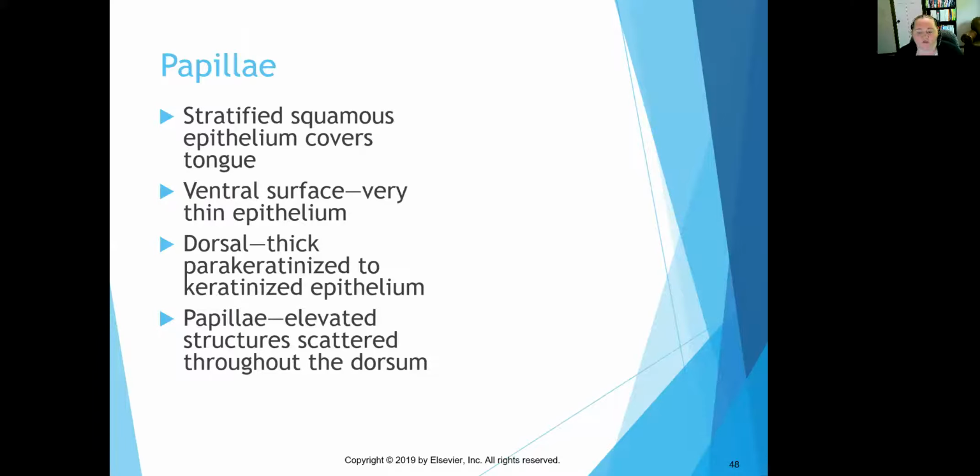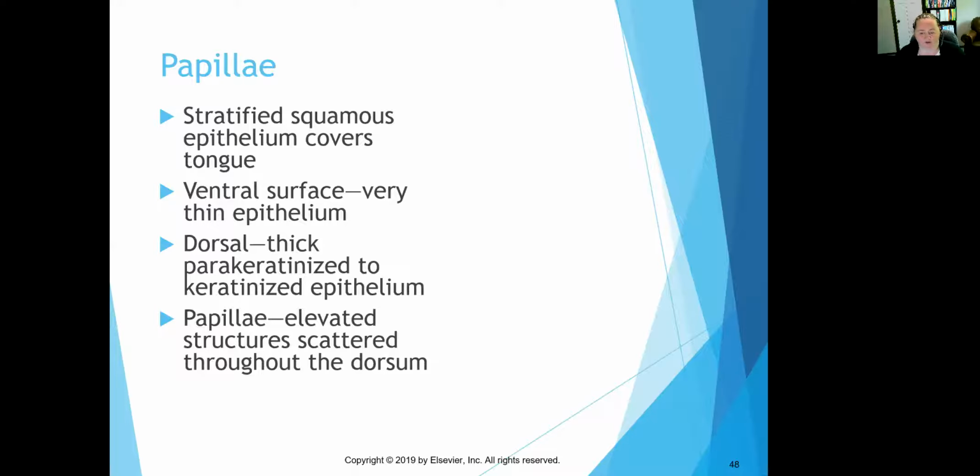The ventral surface, remember that's the underside, that's really thin epithelium. If you were to nick that, you would see the connective tissue immediately after. On the dorsum, or the dorsal surface of the tongue, you're going to see thick parakeratinized to keratinized epithelium.